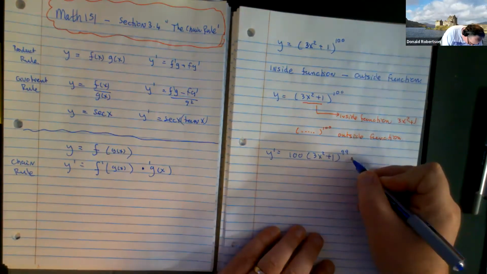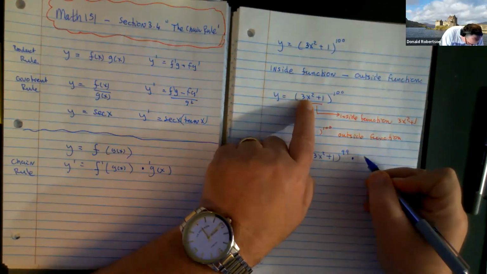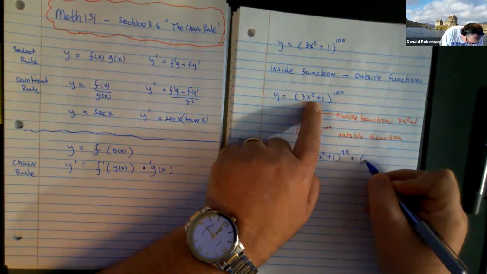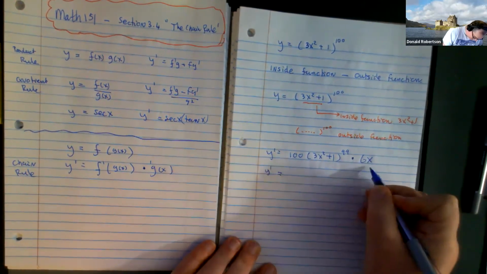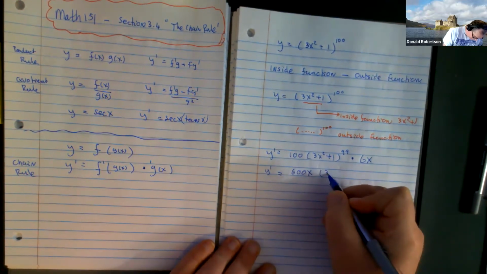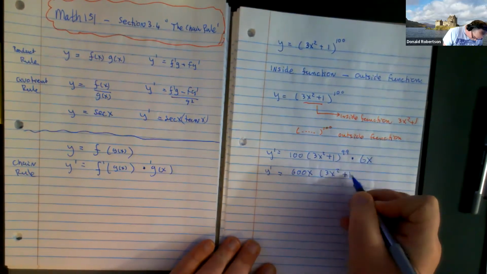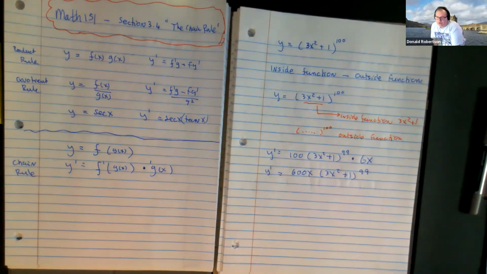And then you finish with the derivative of the inside function, the derivative of this, and that is 6x. And then you make it pretty. You get 600x times 3x squared plus 1 to the power of 99. Wasn't that really cool and really quick? That is the chain rule.